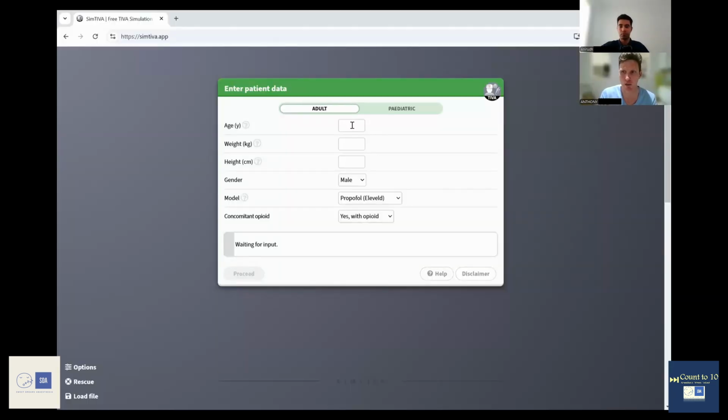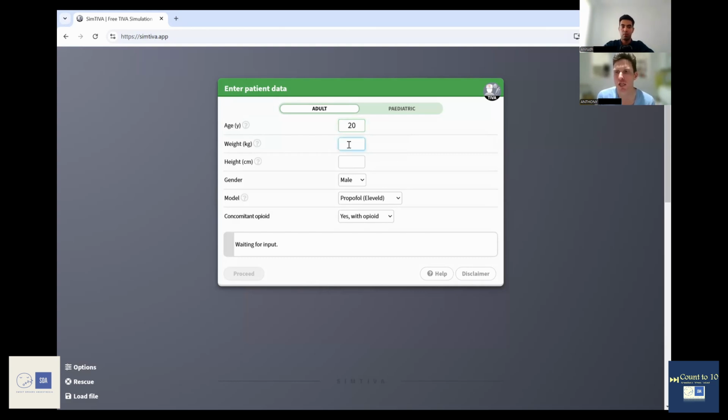The correct way to discuss this is you've got a V1 central compartment, a V2 rapidly equilibrating compartment, and a V3 slowly equilibrating compartment. You should not be conflating V1 with plasma volume and V2 with vessel-rich group and V3 with vessel-poor group. The pharmacokinetics of volatiles is a separate issue where you talk about vessel-rich group, muscle, vessel-poor group, bone, etc.